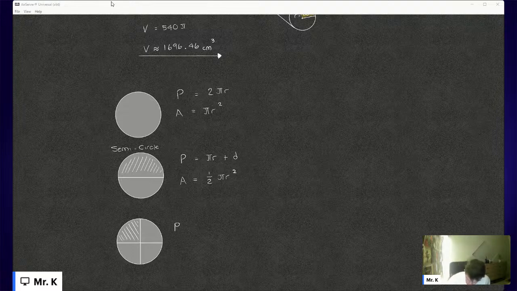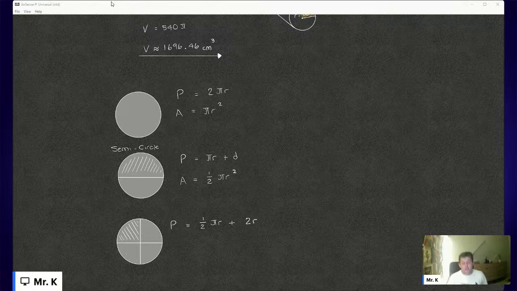And when we look at a quarter of a circle, again, you can choose to view this in two ways. We need a half pi r plus, you can either see this as a radius or two radii or a diameter. And finally, the area is going to be a quarter times pi r squared. So for a full circle, the area is pi r squared.